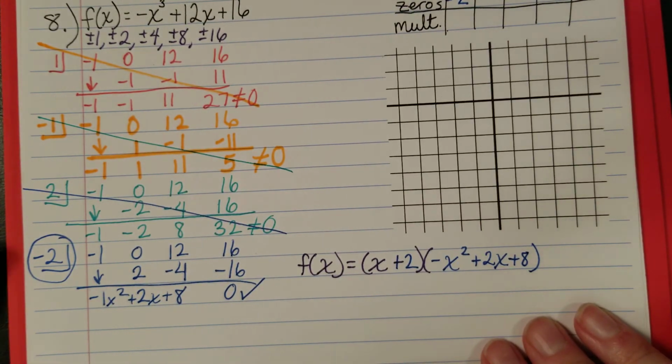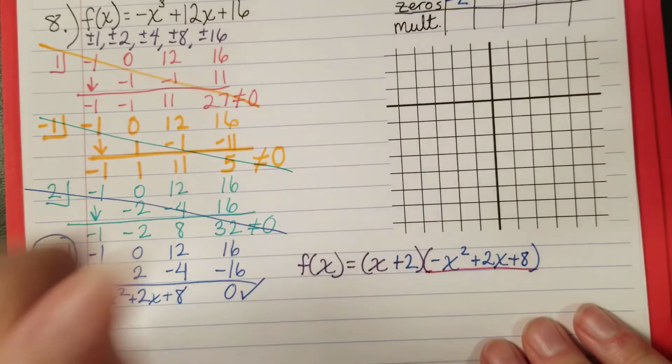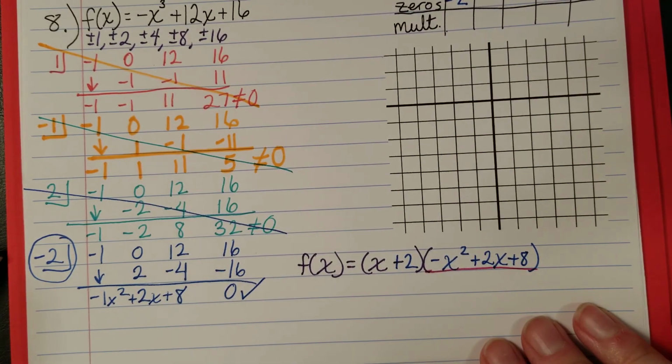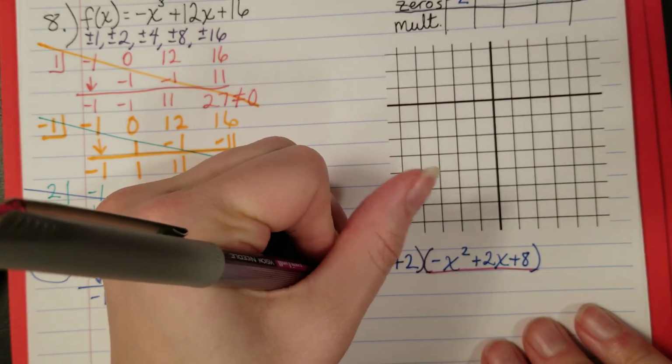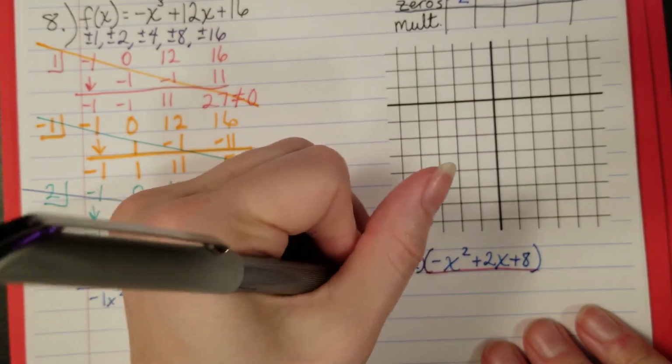And then we just need to factor this. I would like to go ahead and factor out the negative and put it in front of all my parentheses.